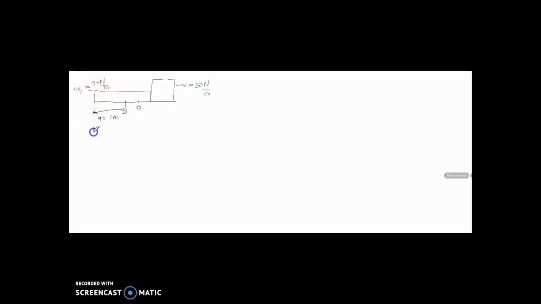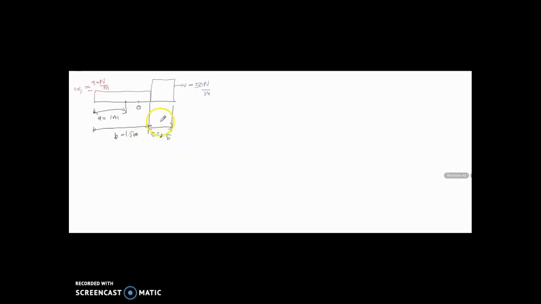Then from here to here, between the first system and the second system, the distance B is equal to 1.5 meter. And from here to here, C is equal to 0.5 meter.